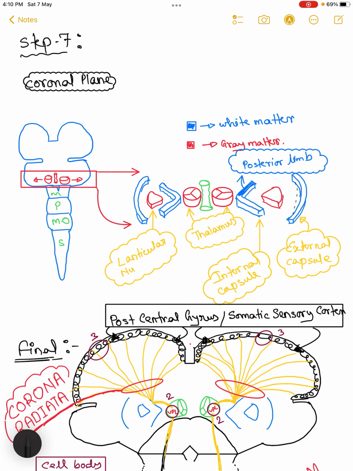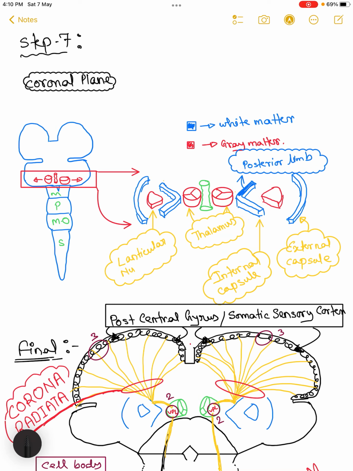And lateral to that we will find this structure known as what? External capsule. Now it's very easy because this is a piece of gray matter. Scientists thought, okay, this gray matter is covered with a capsule. So externally it is known as the external capsule and internally it is known as the internal capsule.